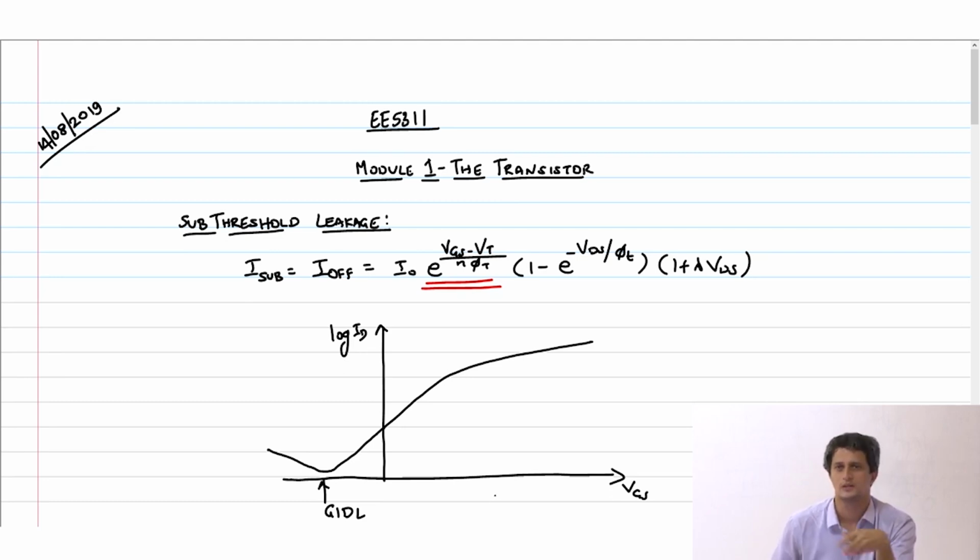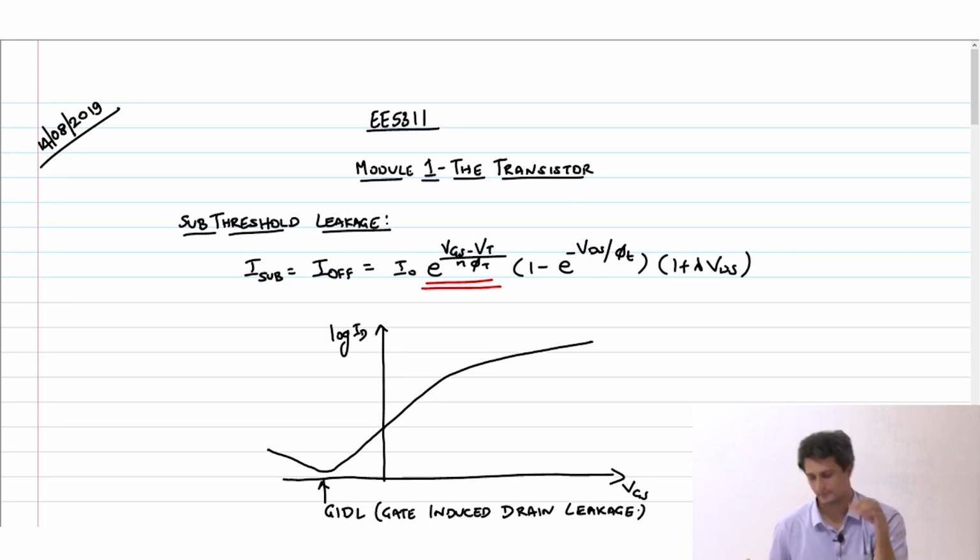I won't go into what this leakage mechanism is, but you can't indefinitely reduce VGS to a negative value and expect subthreshold leakage to keep coming down. Beyond a point, other leakage mechanisms take over, which is basically called gate induced drain leakage. This is what a designer should be aware of. This is where we stopped last time.